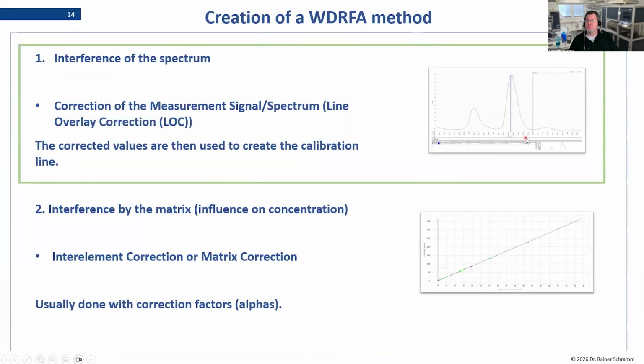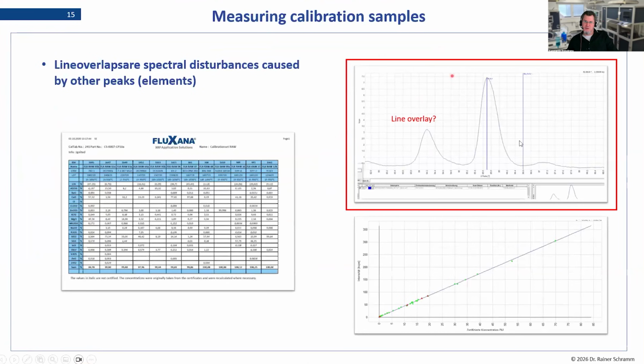Because we have interferences, and we here at FLUXANA like to put interferences into two categories. The first one being interferences of the spectrum or spectral interferences. And the question is, for example, if we have a situation like this, and there is a peak next to our analyte peak, now what happens if this one goes higher and this one goes lower?